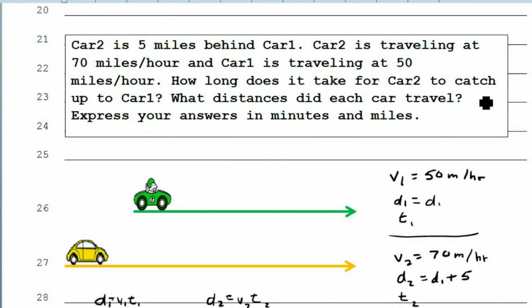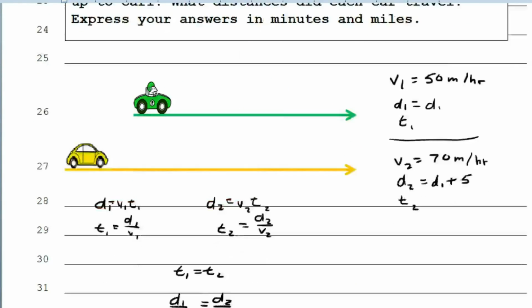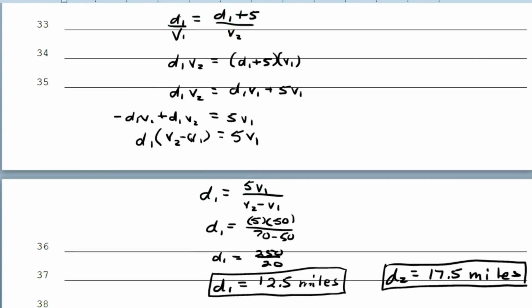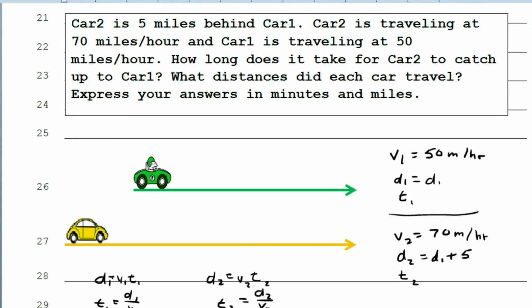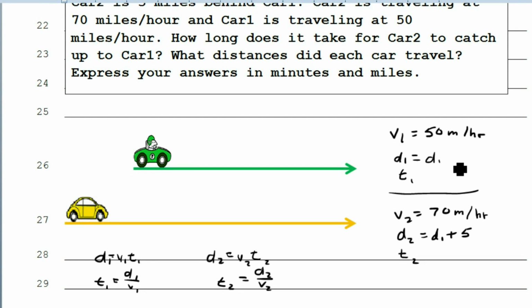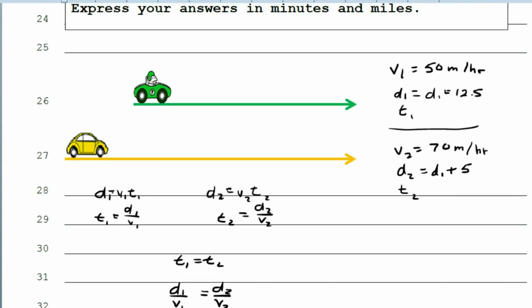What distances did each car travel? 12.5 miles and 17.5 miles. And how long did it take for car 2 to catch up to car 1? So now we know D1 equals 12.5, and calculate T1.